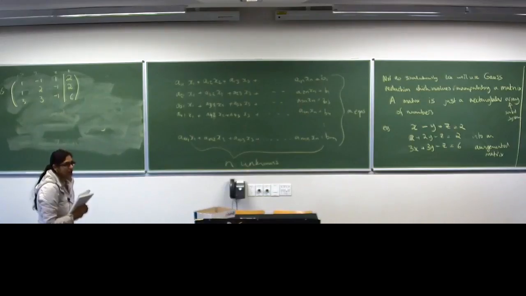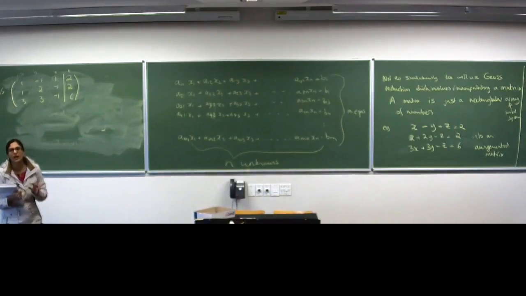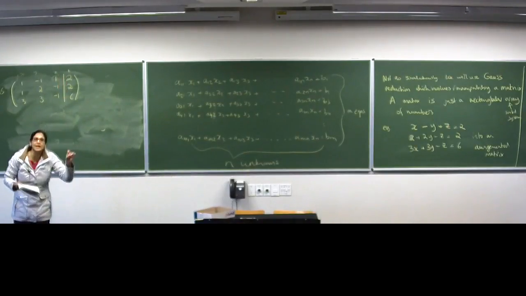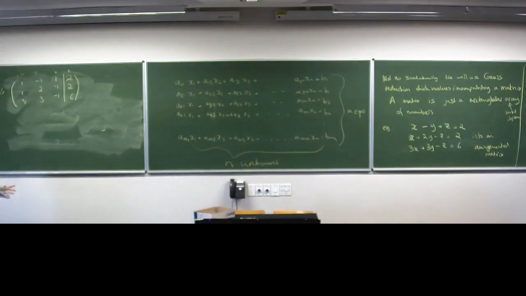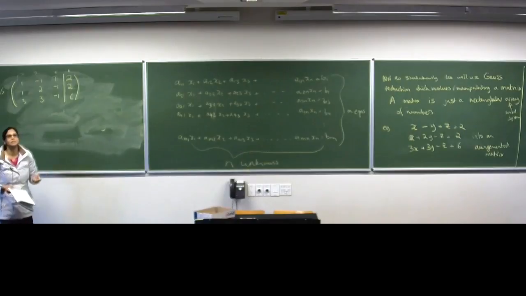Augmented just means augmented. So the matrix, when we talk about a matrix, doesn't have this line. When we talk about an augmented matrix, it's had something done to it, and that means we put a line there. That's all it means.